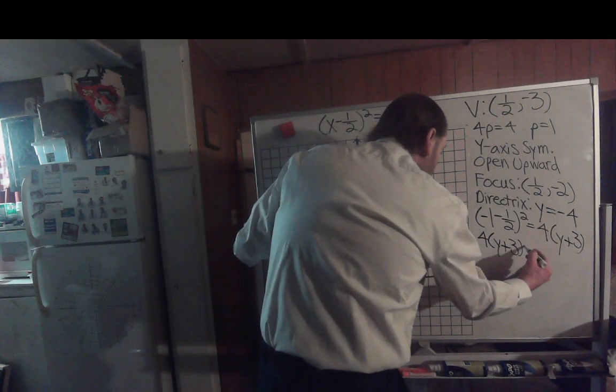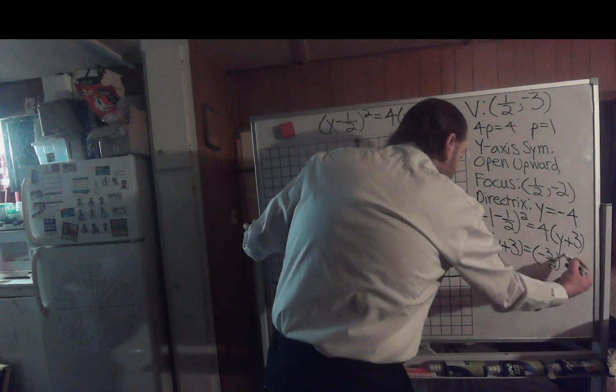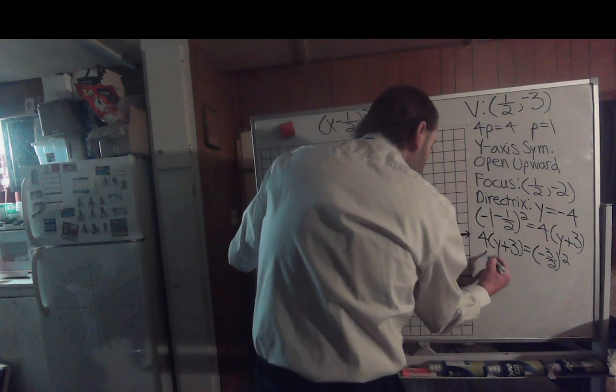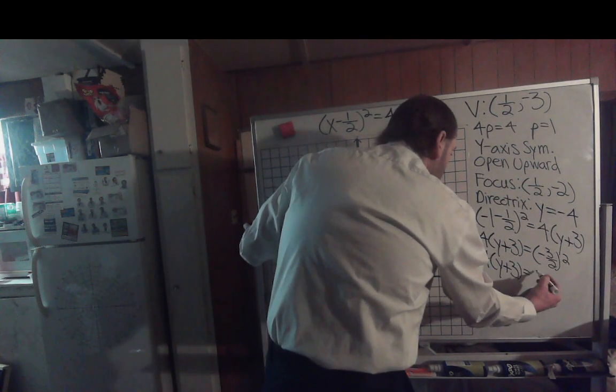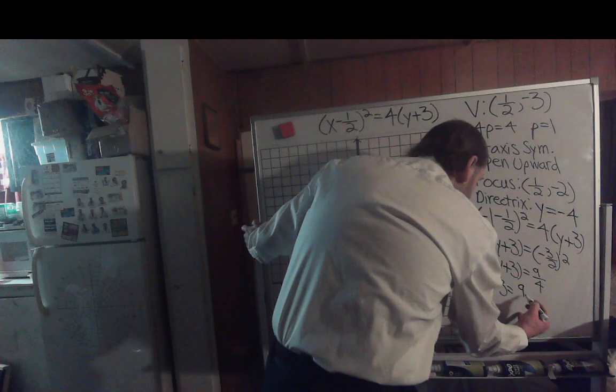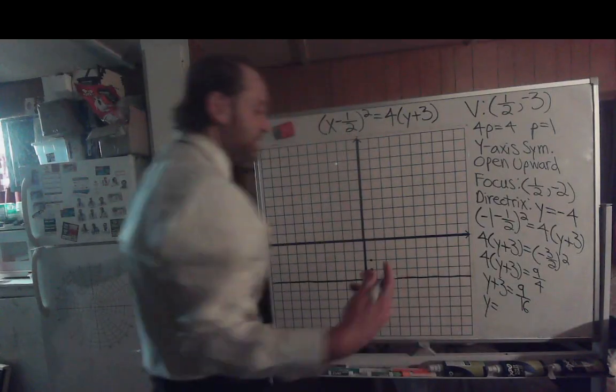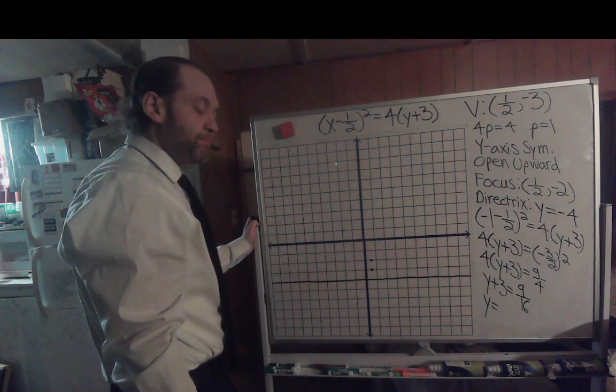So then you would end up getting 4 times (y plus 3) equals (-3/2) squared, which would mean 4 times (y plus 3) equals 9/4. So y plus 3 would end up equaling 9/16, which means y would have to equal 9/16 minus 3.